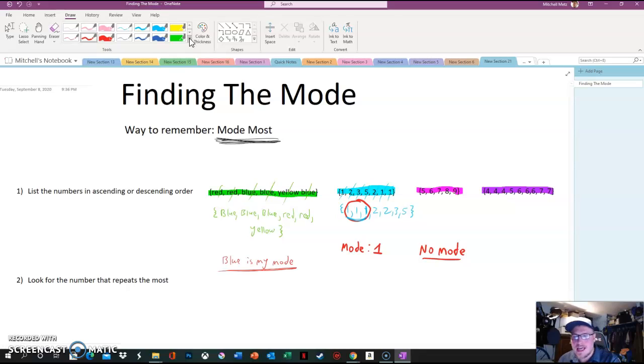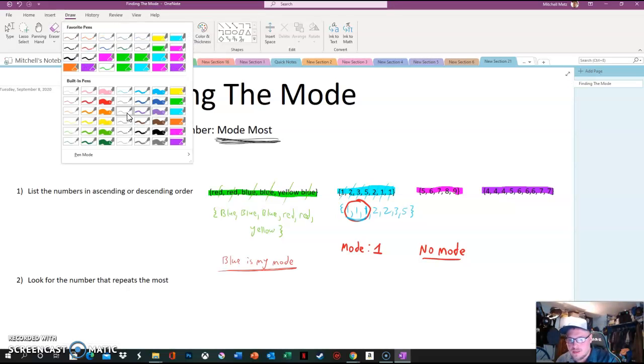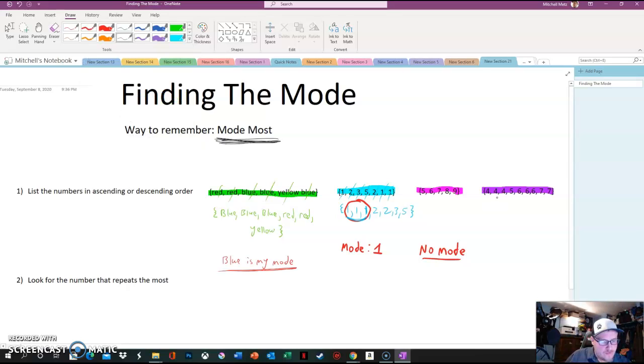Now let's look at our last example. I have a bunch of numbers, again, in another list. I have 4, 4, 4, 5. Let's start from the beginning: 4s, 5, 6, 7. They're already listed for us, so we don't have to write this in ascending order. I always recommend that first just because it makes it easier to visually see which numbers are repeating the most.